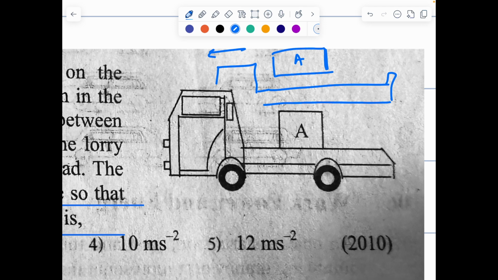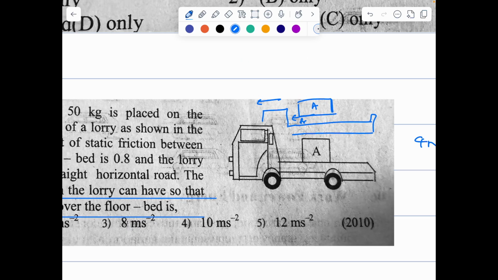That very perception is the reason for the frictional force to occur forward. This frictional force is the very reason that A is going to have an acceleration forward. See the beauty of physics, right? So when A is tempted to go backwards, there's going to be friction forward, so that A is going to have the same acceleration as the lorry.